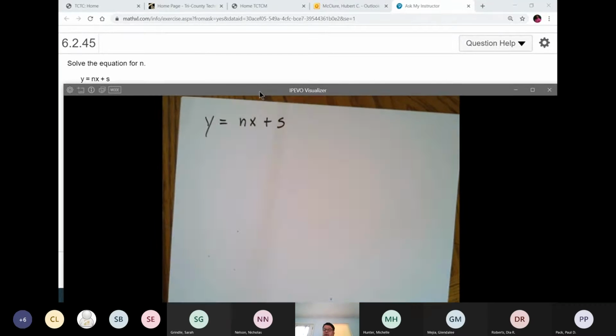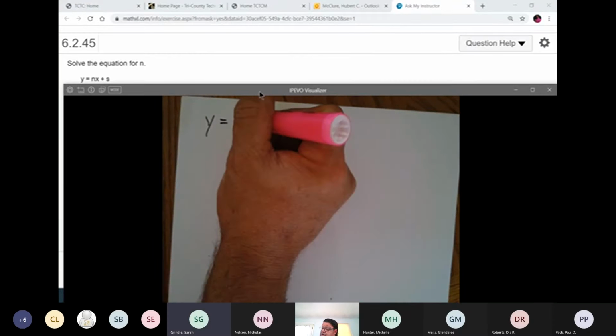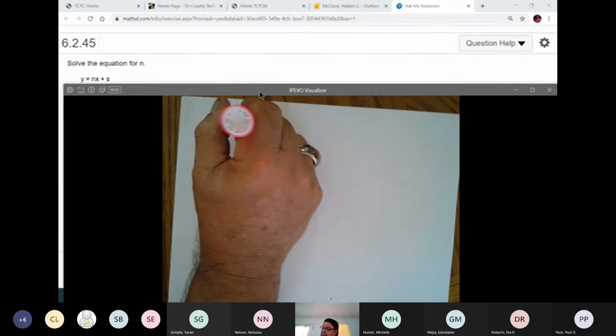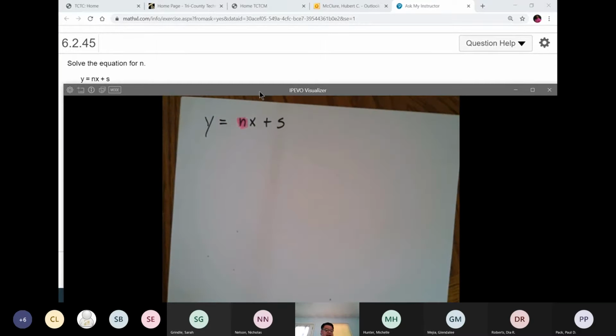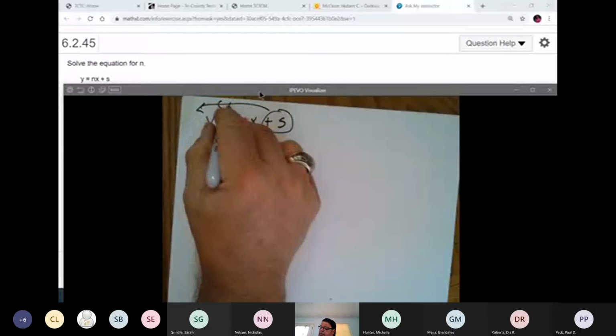And they want to get what by itself? They want to get that n by itself. The directions say solve for what? N. So I got to get rid of that s. So I'm going to take that s across the river. There's the river.